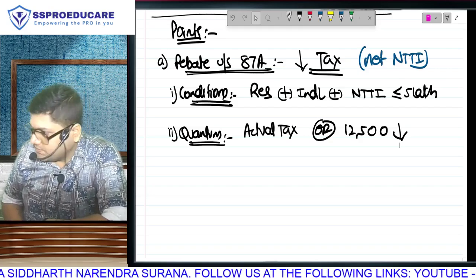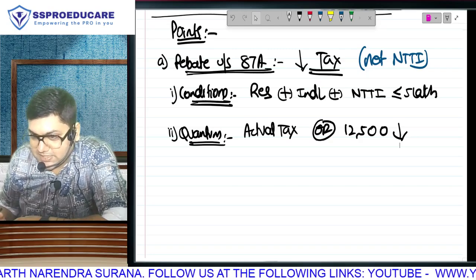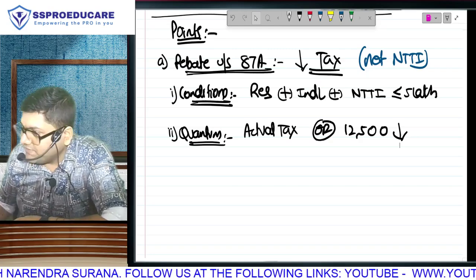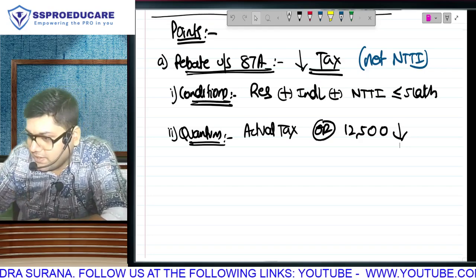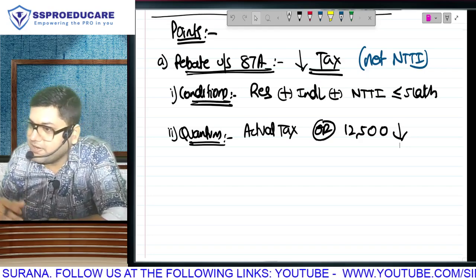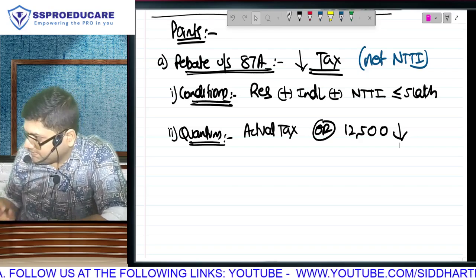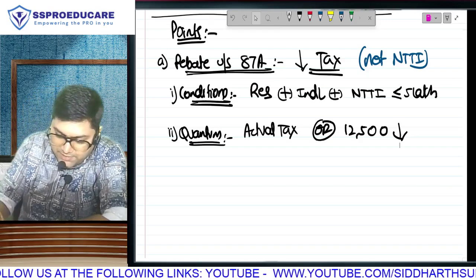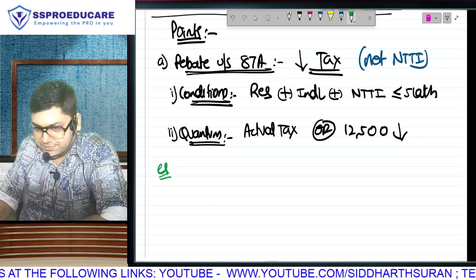And supposing you have any doubt, sir, I will say one thing and a WhatsApp message is saying something else. I will say one thing and some influencer's reel is saying something else. So who is correct? Go to the income tax website and verify this. Let me give you some examples of calculation of rebate.